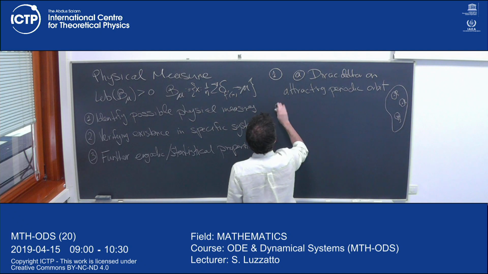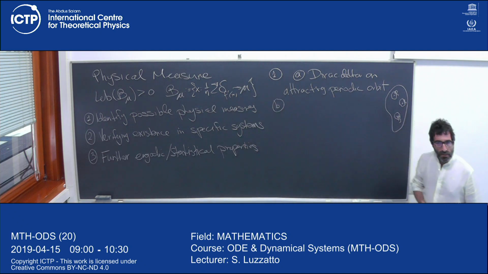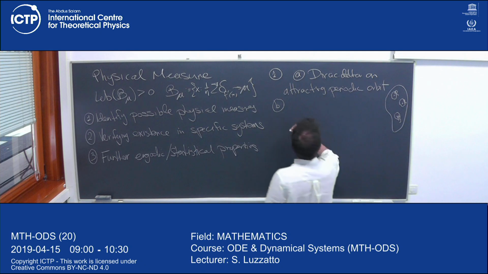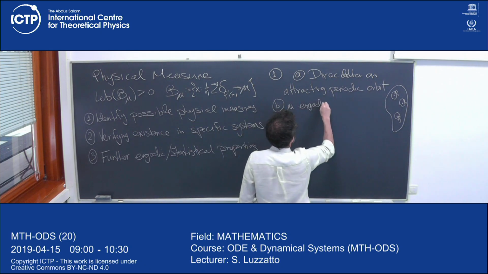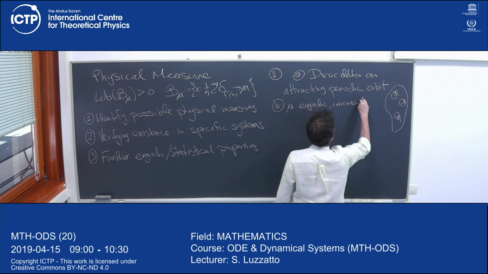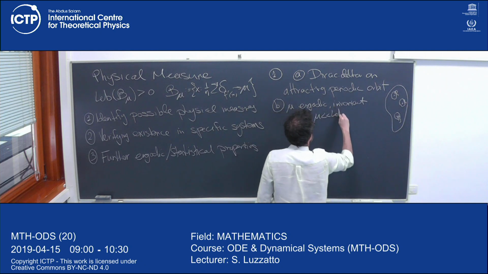Okay? And the second one, what we've been working on a lot, are measures that are ergodic, invariant, and absolutely continuous with respect to Lebesgue, right? So, mu ergodic, invariant, and absolutely continuous with respect to Lebesgue.